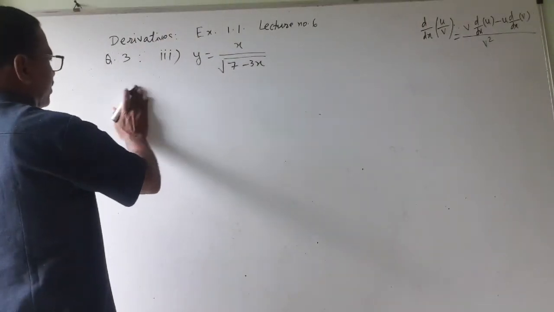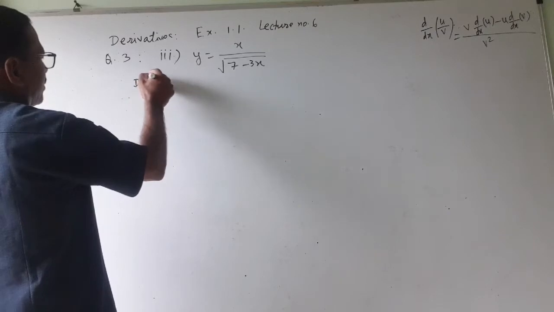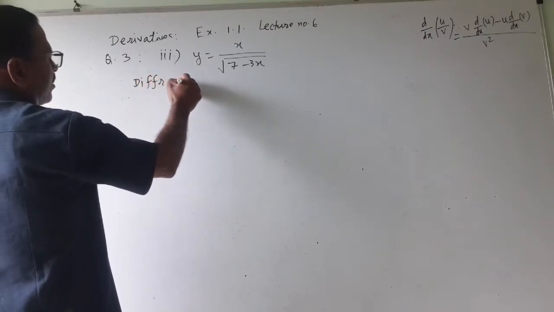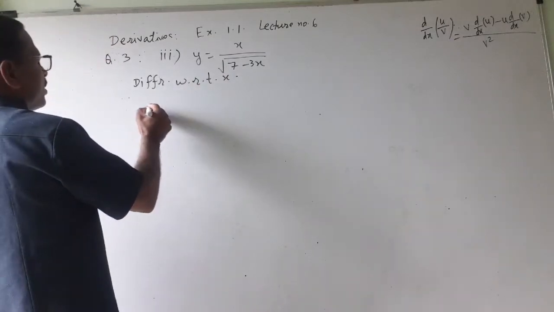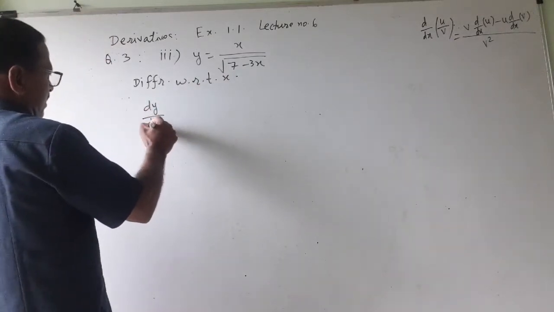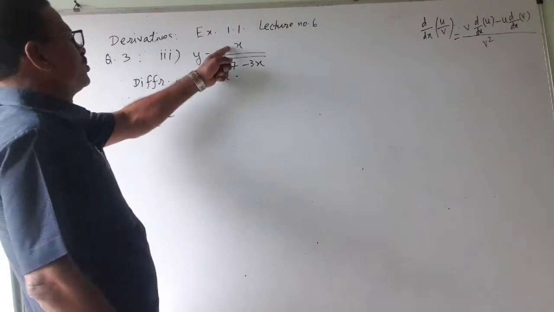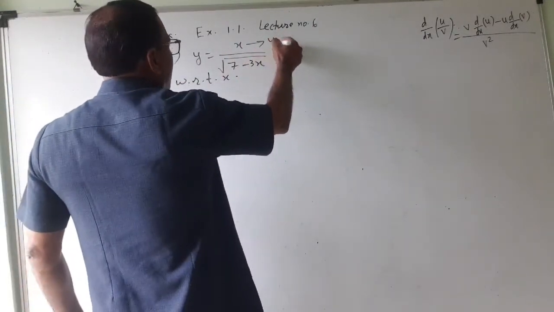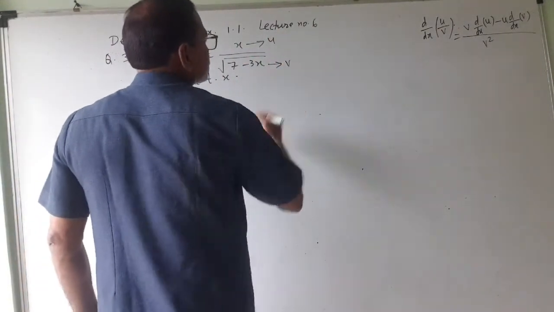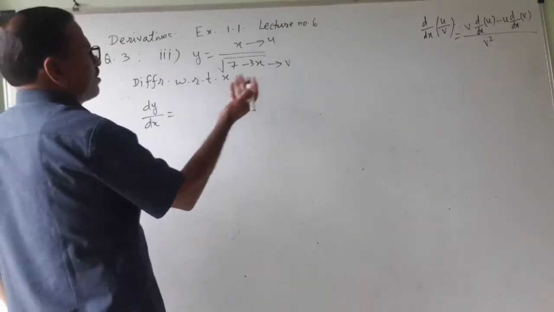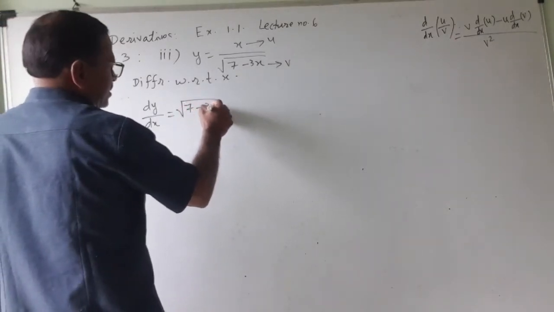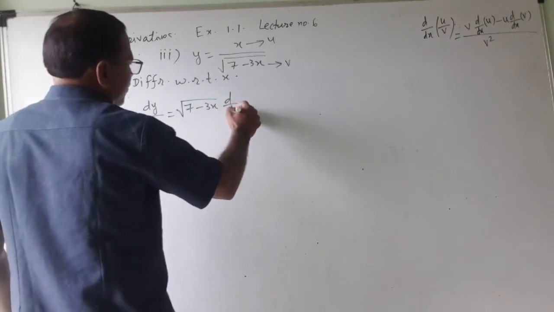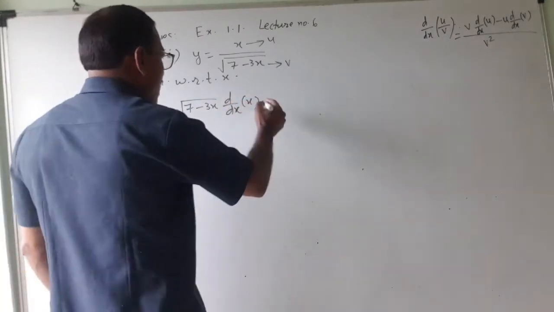Therefore, differentiating with respect to x, don't forget this, dy by dx is equal to, this is u and this is v. So v will be sitting behind, root of 7 minus 3x into d by dx of x, minus.